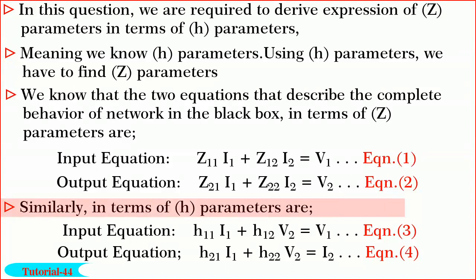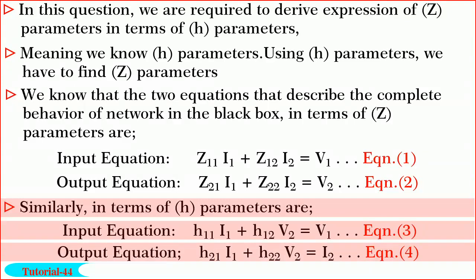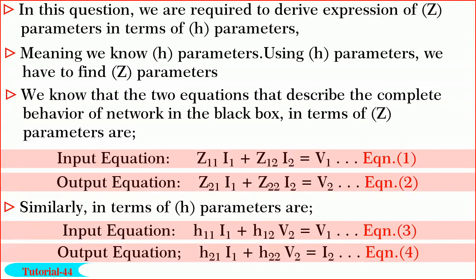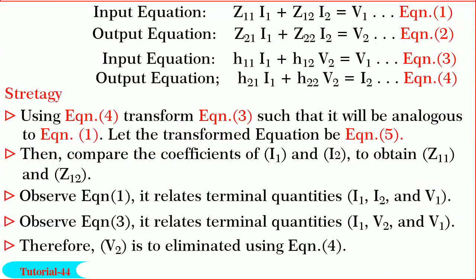Similarly, the two equations in terms of H parameters are H11I1 plus H12V2 is equal to V1, let it be equation 3, and H21I1 plus H22V2 is equal to I2, let it be equation 4. Friends, you should learn to remember and reproduce these equations correctly because the whole derivation will be wrong if these equations are not correct. So, friends, these equations are reproduced here for your convenience.